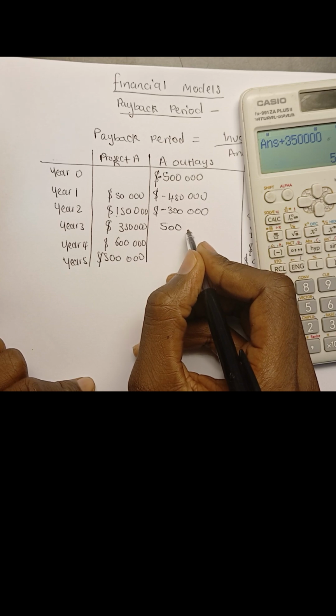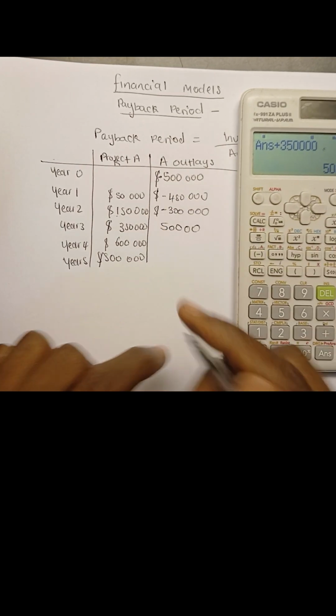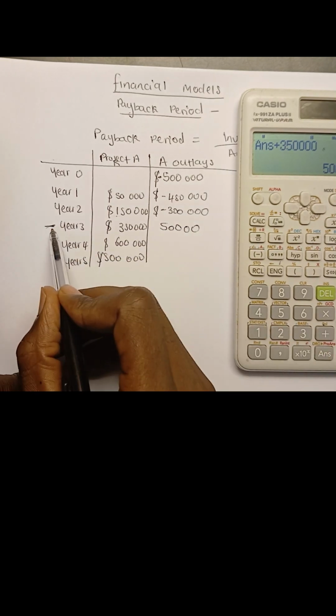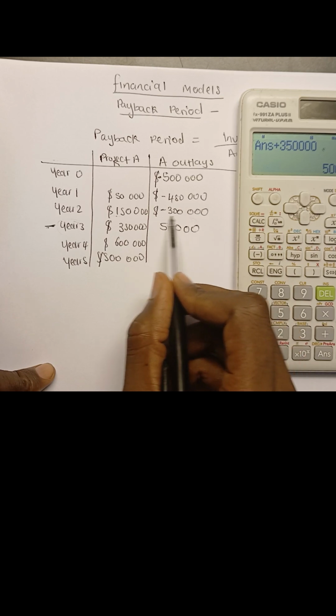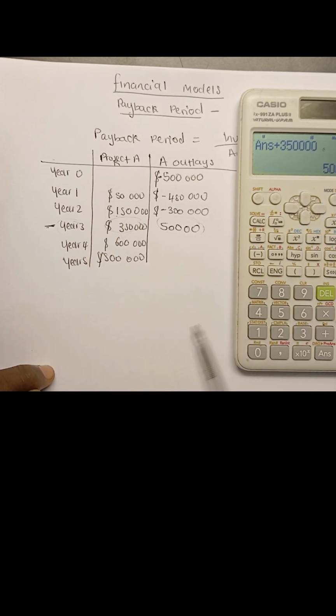It's 50,000. Then we can just continue, but this is our break-even point, right? So that means we're going to calculate our payback period using these years, these outlays and our revenue, right?